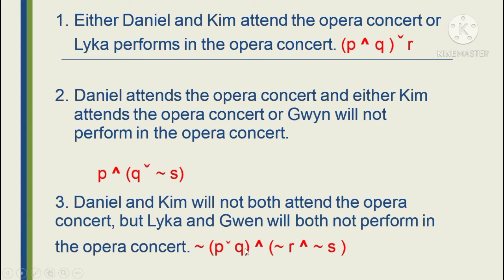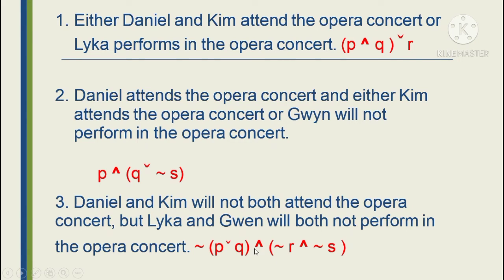And, so, Daniel and Kim will not both attend the opera concert, but, yung but natin, hindi na natin siya kailangan lagyan symbol kasi wala naman siya symbol. So, diretso na tayo kay end.